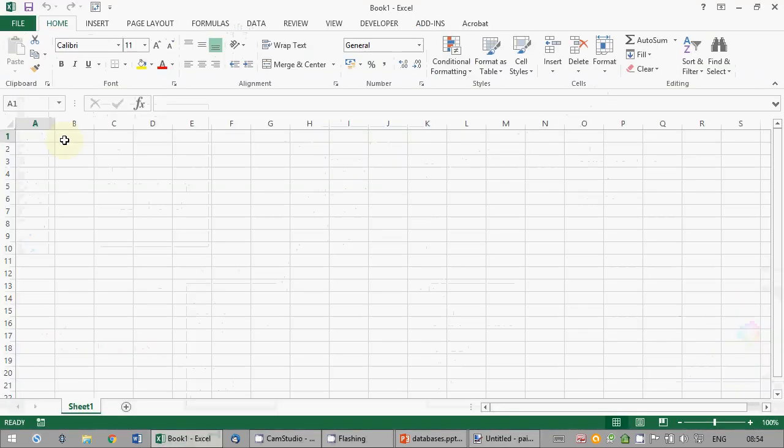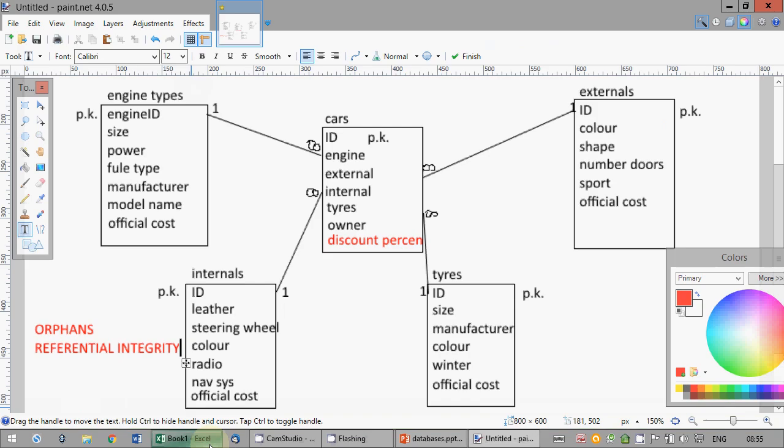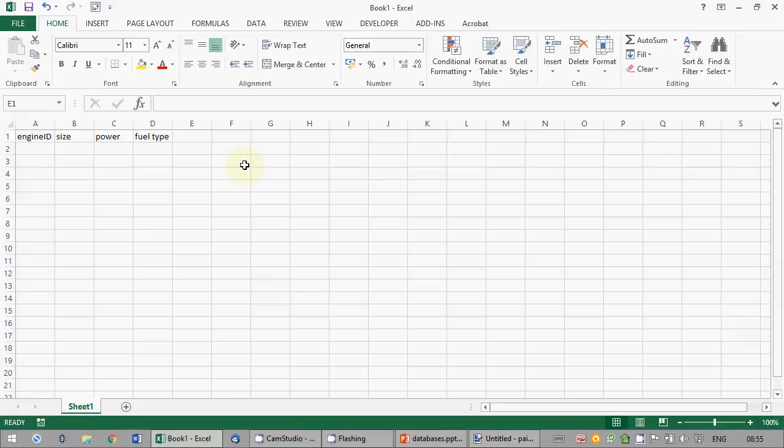Engine ID, size, power, fuel type. Manufacturer, model name, official cost.